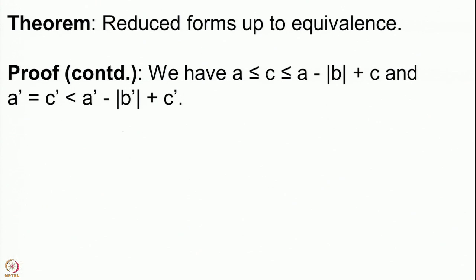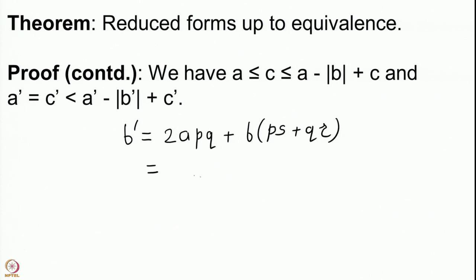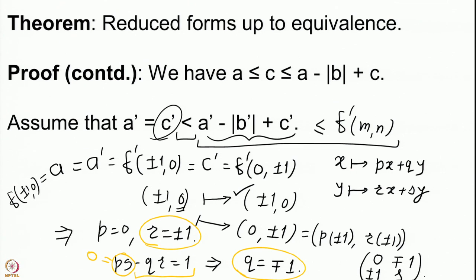Now, we look at the change that happens in b prime. So, b prime, remember, is 2a pq plus b into ps plus qr, p is 0. So, we simply get it to be b into q into r, q into r is negative of 1, that we have already observed here.